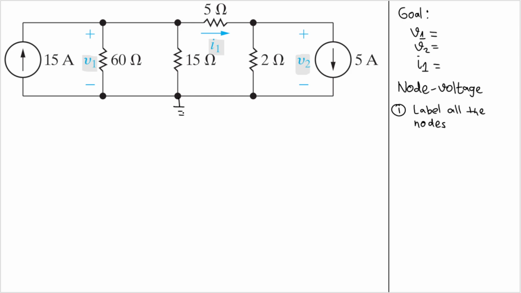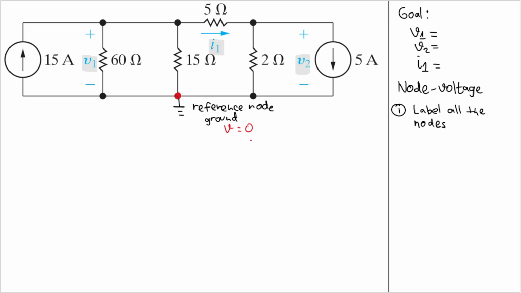Let's put it here. So this is called the reference node, or some other books call it the ground. And this means that the voltage in this node is equal to 0. V is equal to 0.